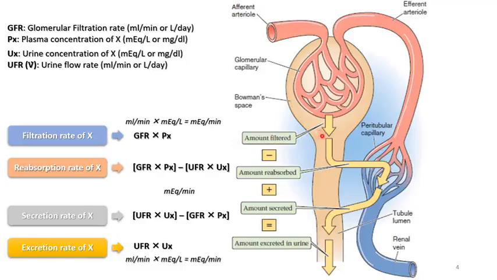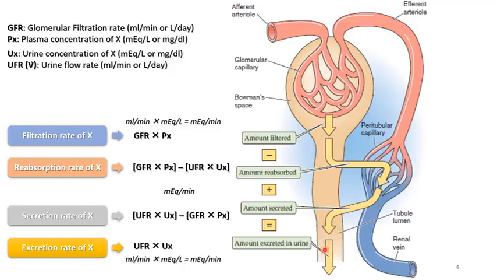For the given substance, it may undergo reabsorption after filtration. Other substances may undergo secretion into the renal tubules from peritubular capillaries. And what remains in the renal tubule finally will determine the amount excreted in the urine.